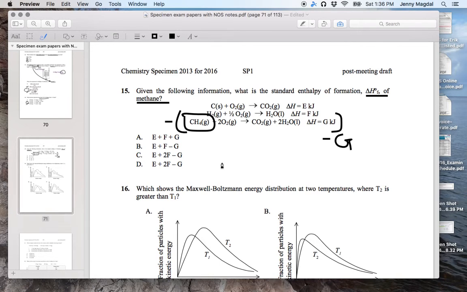I want to get to a final equation where my carbon plus 2 diatomic molecules of hydrogen, so 2 H2s, is going to yield my methane, CH4.